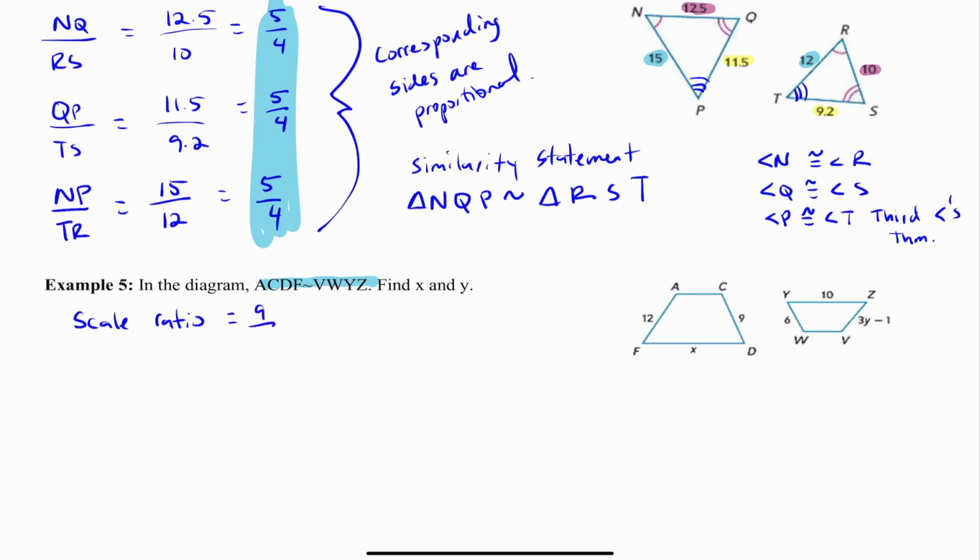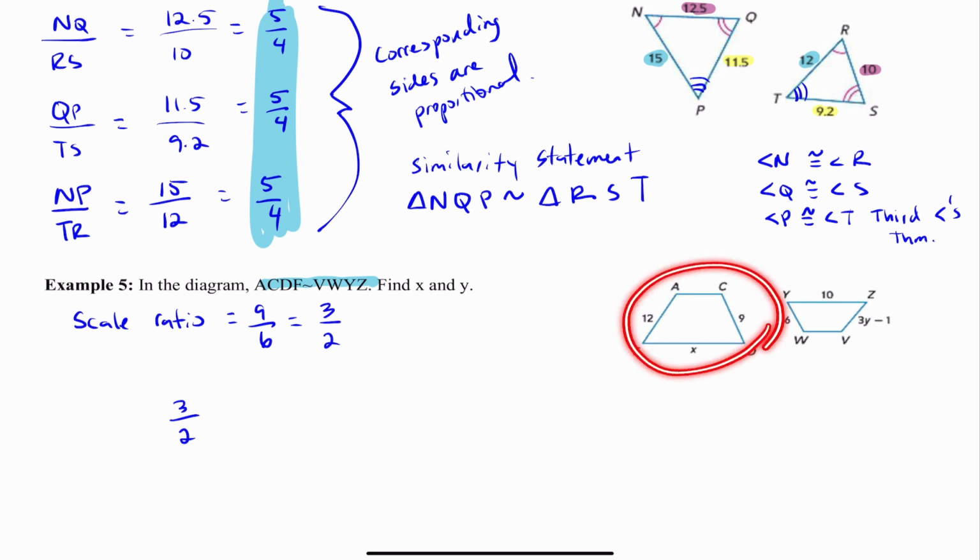So it's 9 over 6. That's a ratio, but you got to express this as a simplified ratio. So 9 over 6 simplifies to 3 over 2. Okay, so then now I'm gonna go ahead and write 3 over 2 here, because since I have my scale ratio, this is going to allow me to find x and y.